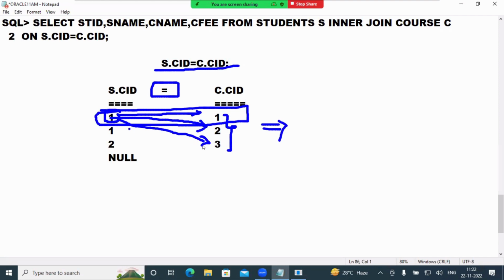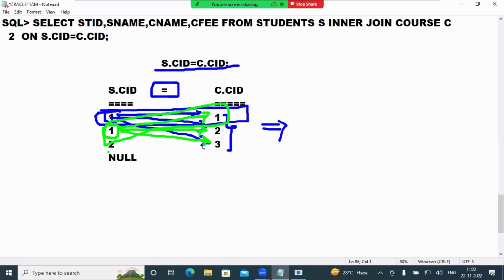Next, 1 is equals to 2, the condition is false. 1 is equals to 3, false. Then the second value is compared the same way: 1 is equals to 1, true, so this row is also joined. 1 equals 2 is false and 1 equals 3 is also false.